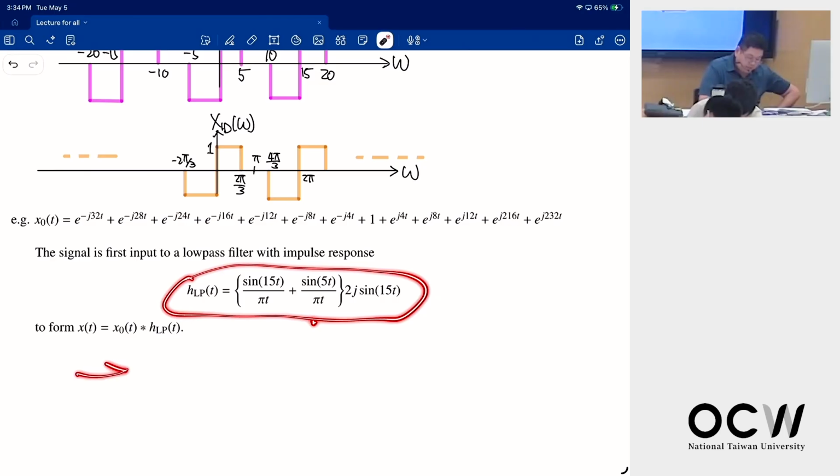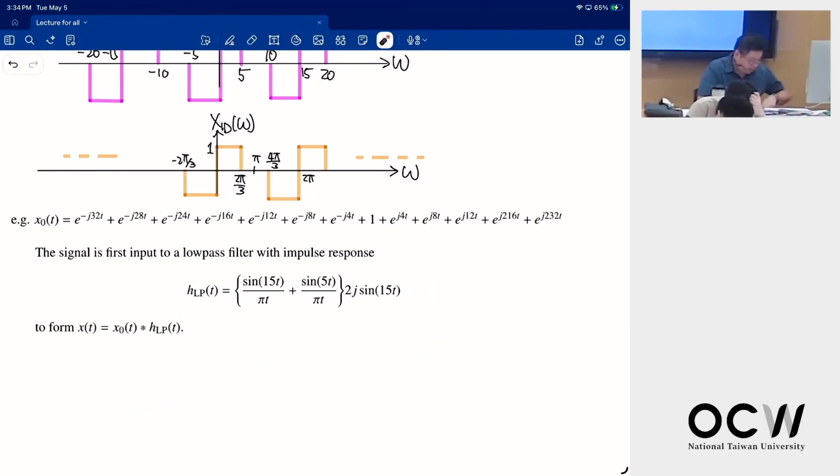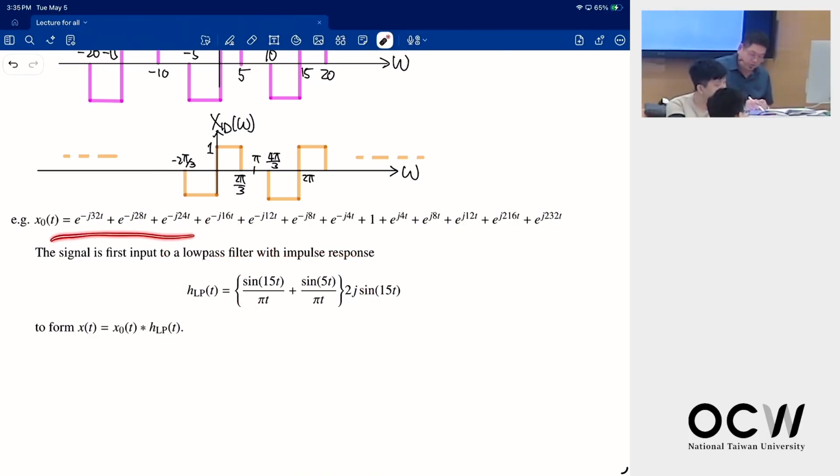Then after, so this is x naught, we have a low-pass filter, and then we get our signal. Okay. So first, we want to, so this is a low-pass filter, so I may filter out some signals. Okay, but how do you know which one?